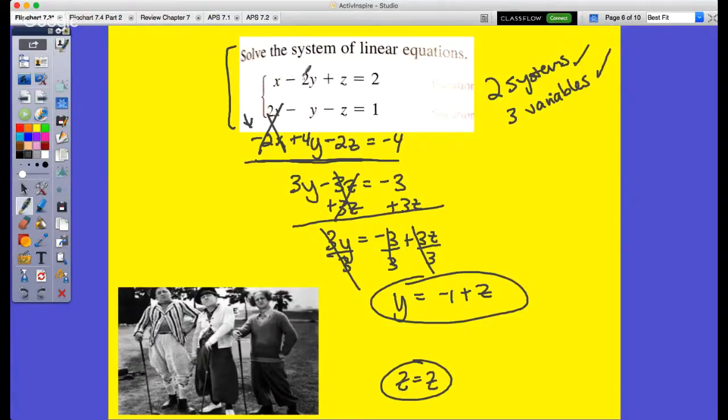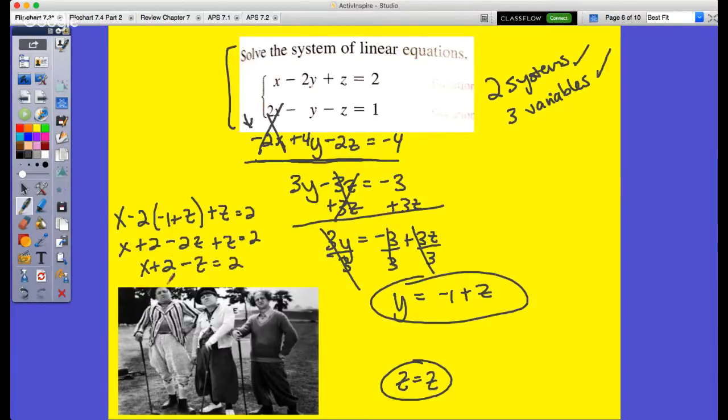Let's say I isolated x, I could then get x minus 2 times negative 1 plus z equals 2. So we get x, distribute, plus 2 minus 2z plus z equals 2. And so combine the z's together to get x plus 2 minus z equals 2.